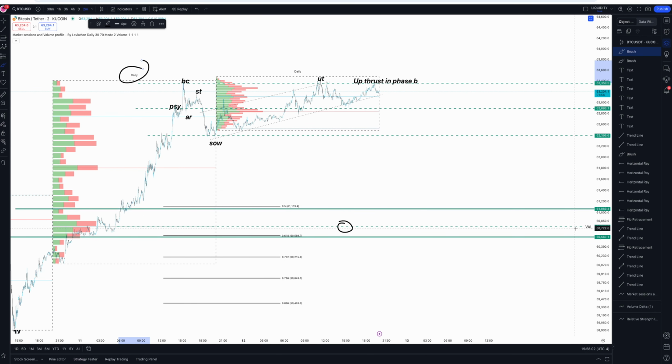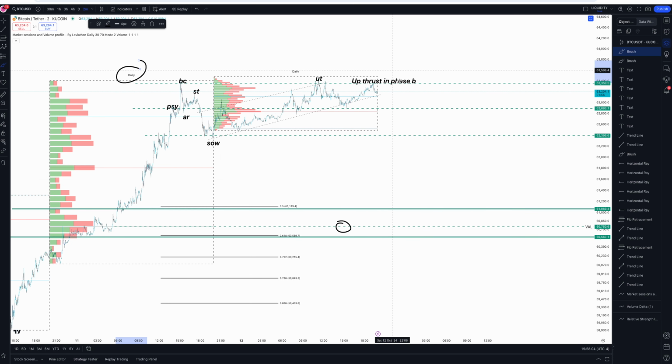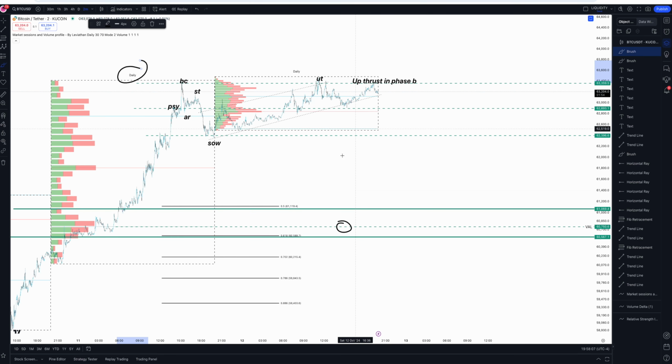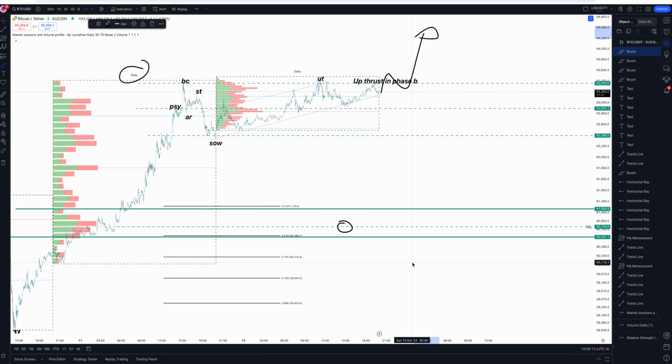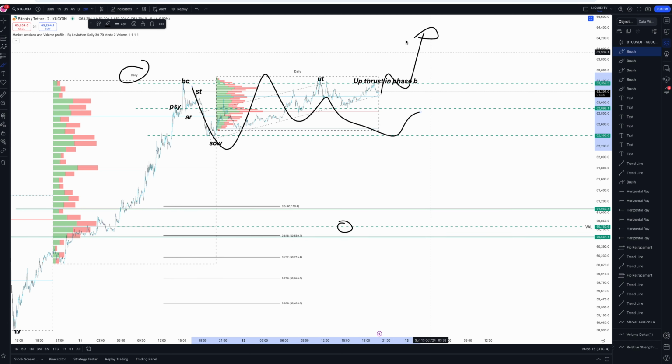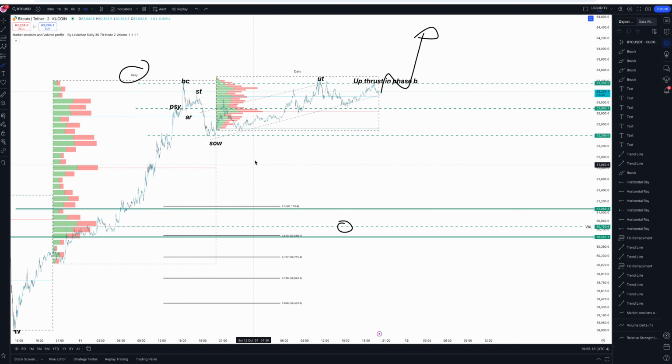The value area low is sitting at 60,750. So I think the price will eventually move back towards it, but this could also break upwards as well. And this could be reaccumulation. But so far, paired with the Velo data, this looks like distribution on the small time frame.